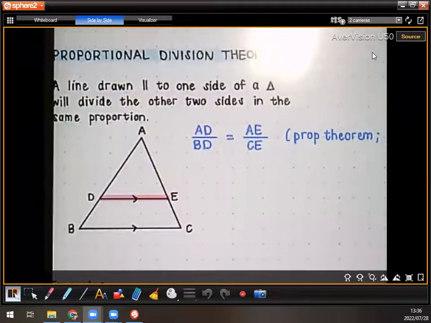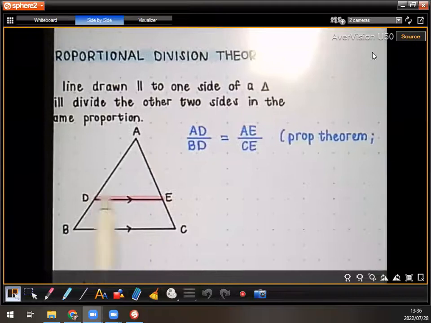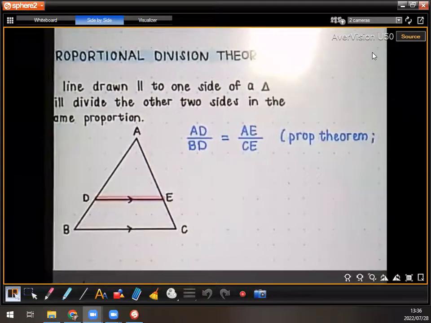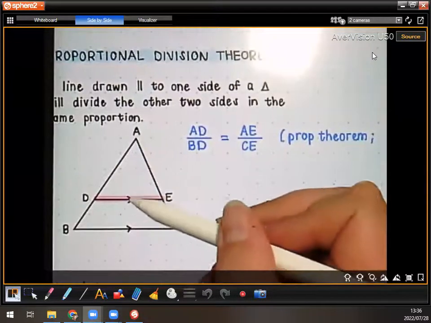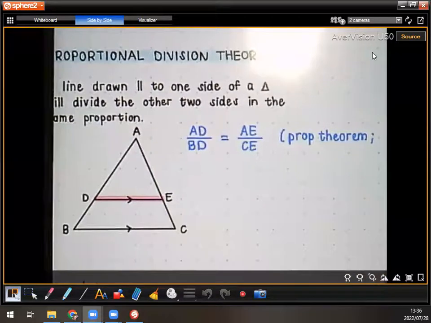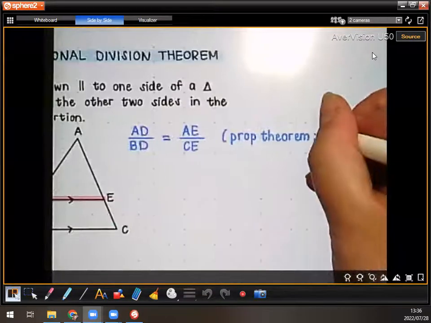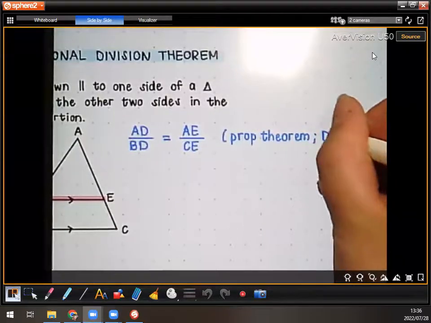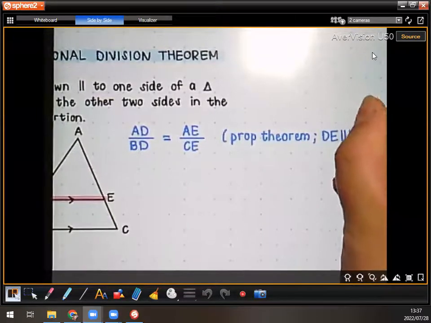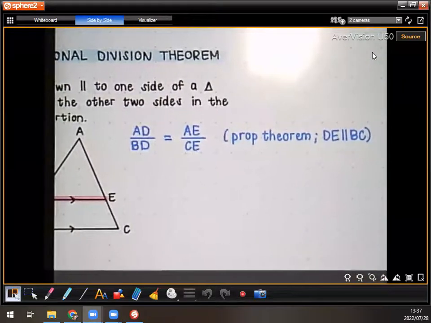The reason for us having to state that these lines are parallel is because that's what the theorem says, right? This theorem only works if you have a line that's parallel to a side of the triangle. So you have to say DE parallel to BC. You just write prop theorem, no more.